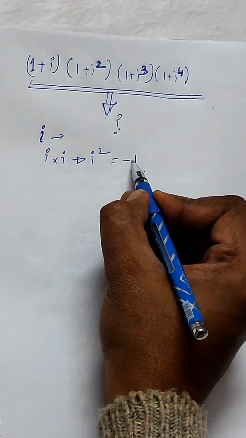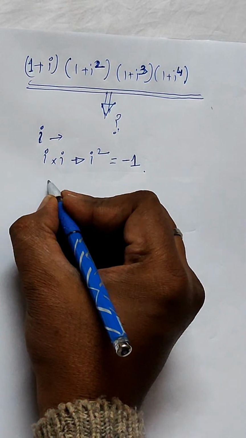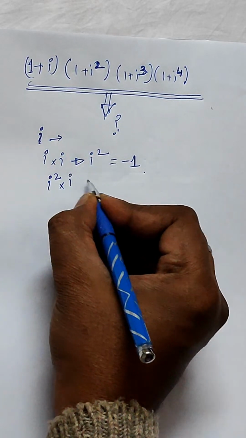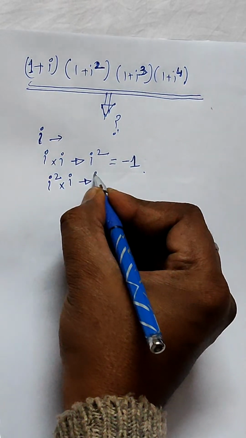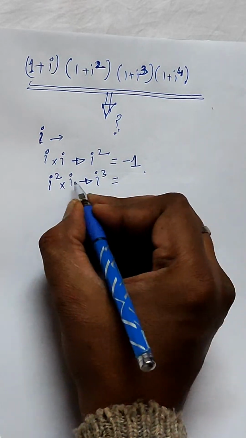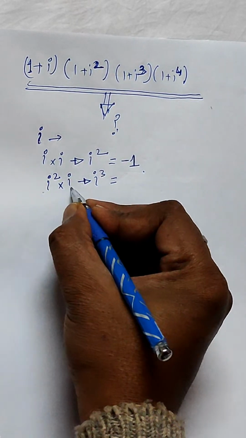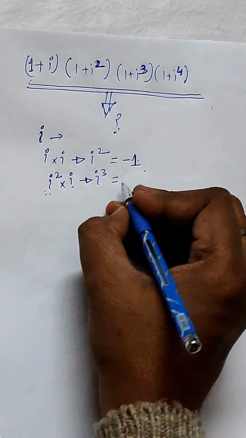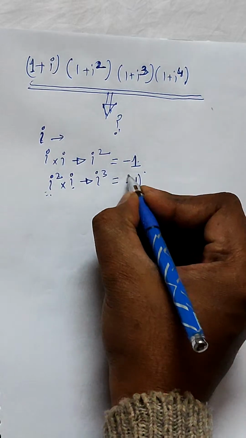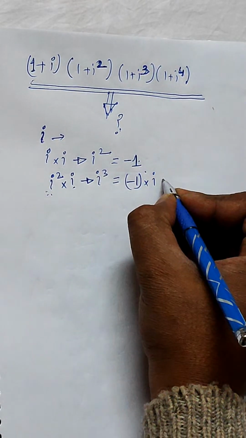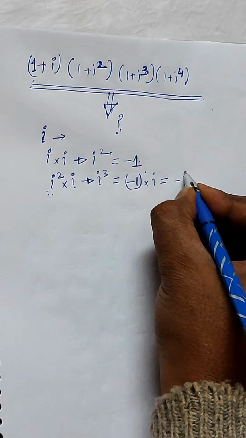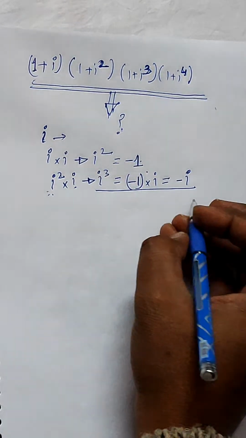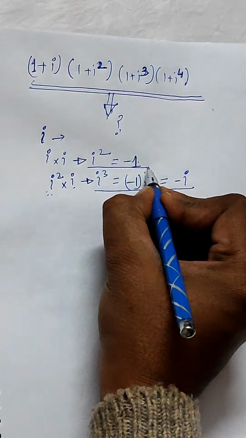When we have I square multiplied with I, we will have I cube. So the value of I cube is I square into I, and I square is -1, so this will be -1 into I, giving minus I. So I cube is minus I, and I square is -1.